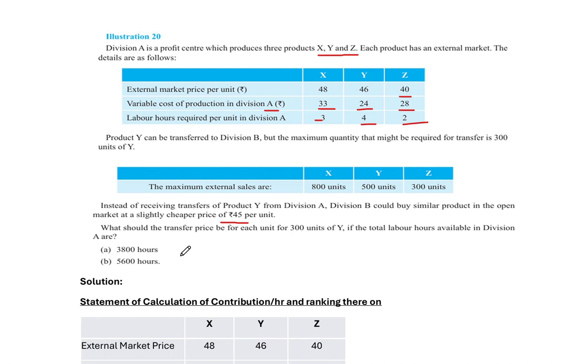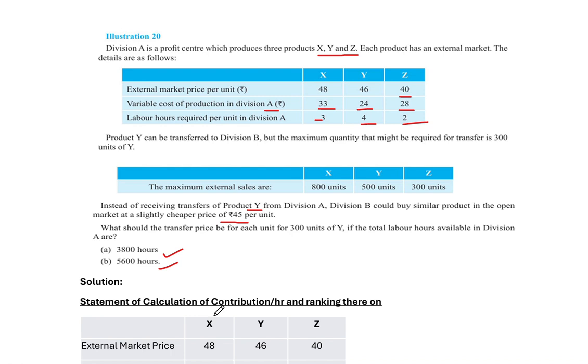Two suggestions are given. Labor hours available are 3800 and in the second option 5600 hours. And we have to calculate the transfer price for 300 units of product Y. Alright.